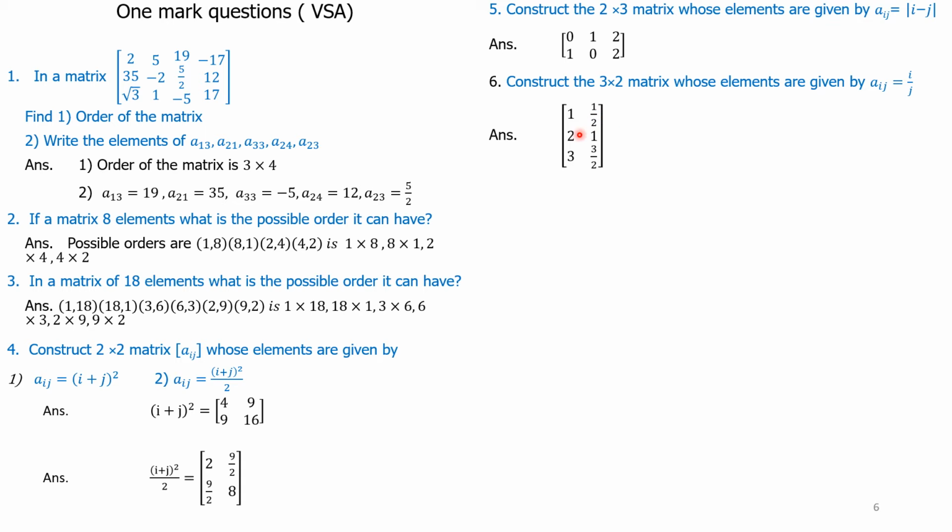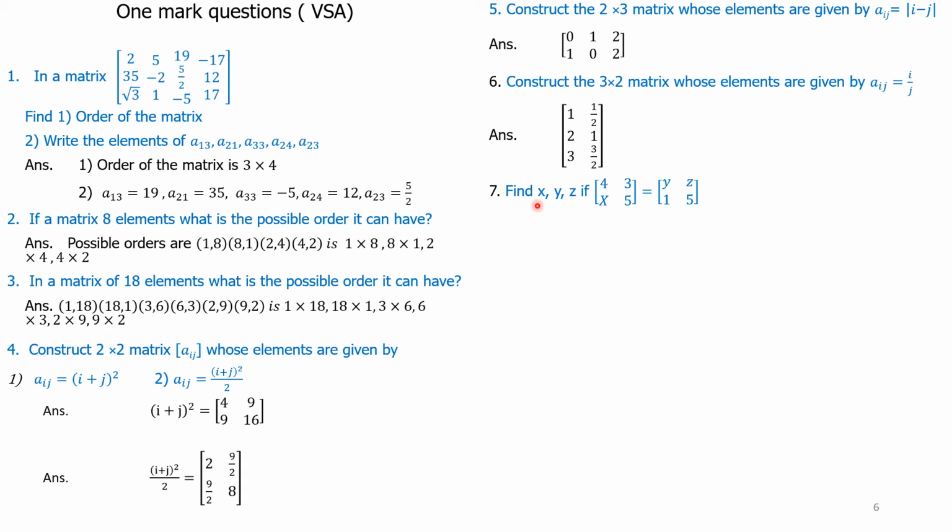This is for A21: 2 by 1 is 2. And row 2, column 2: 2 divided by 2 is 1. This item is A31: 3 by 1 is 3. A32 is 3 by 2.